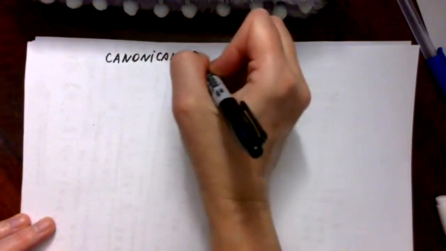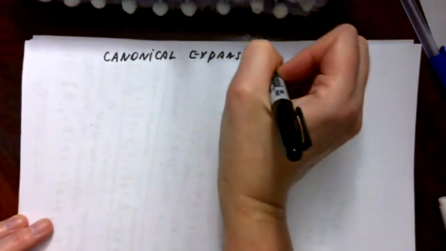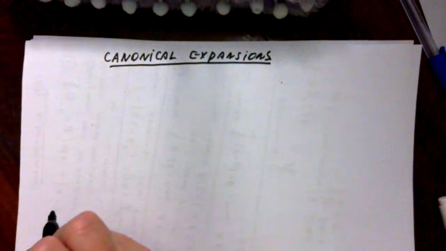Unfortunately, it takes some time, but we simply can't do without them. So, canonical expansions. These canonical expansions play the role of a list of the most popular functions whose expansions you should know by heart, or at least have a good cheat sheet in your exam, of course.